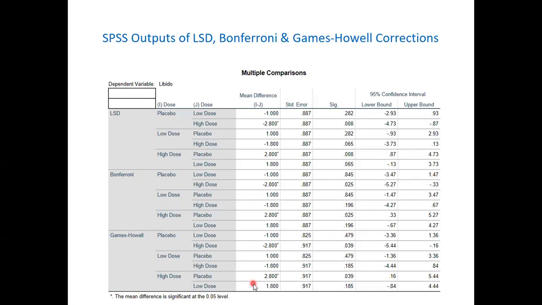Yeah, thank you. You can see now, this table is showing the correction by Bonferroni, LSD, least significant difference method, Bonferroni method, and Games-Howell. And if you remember, Games-Howell is one of the examples for when equal variance is not assumed.